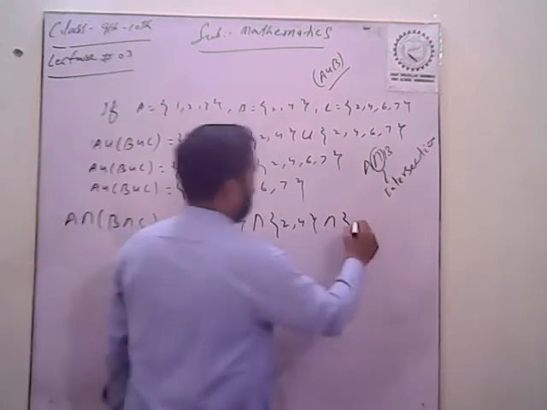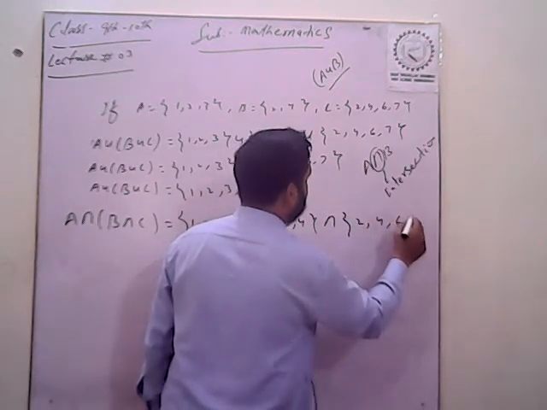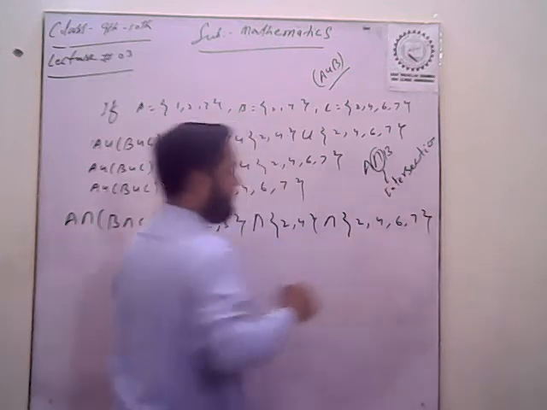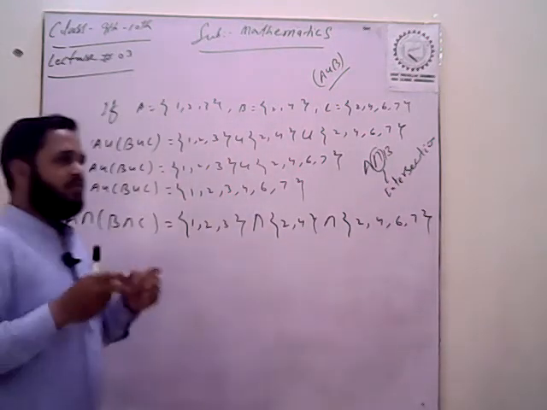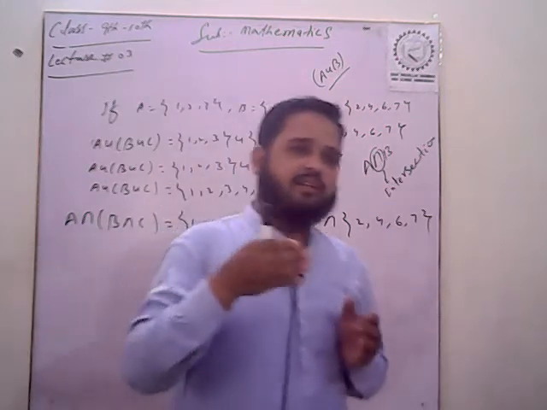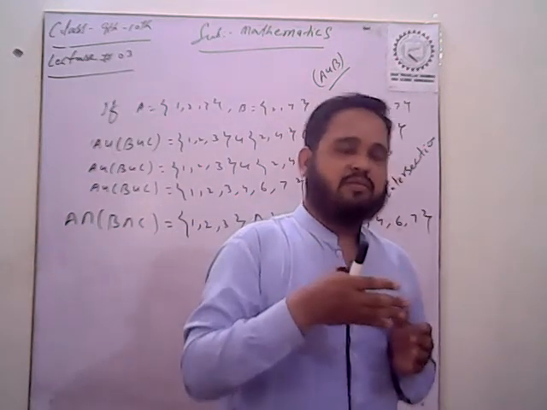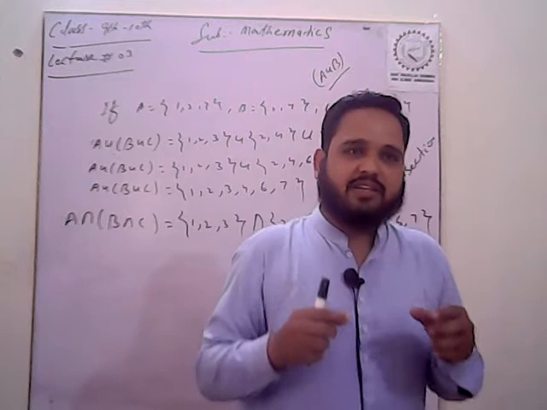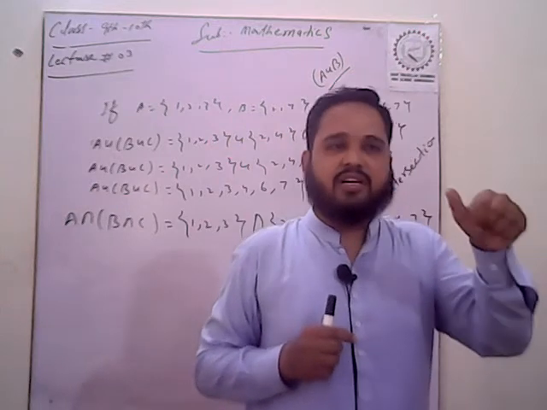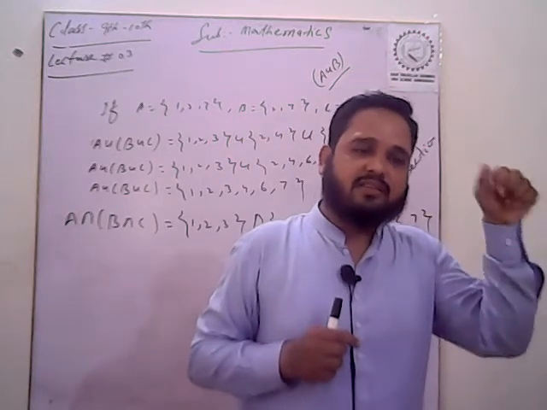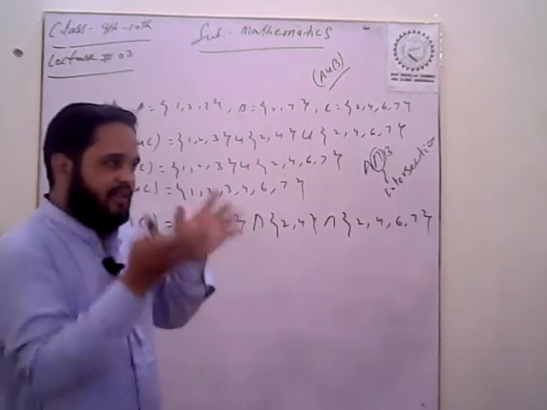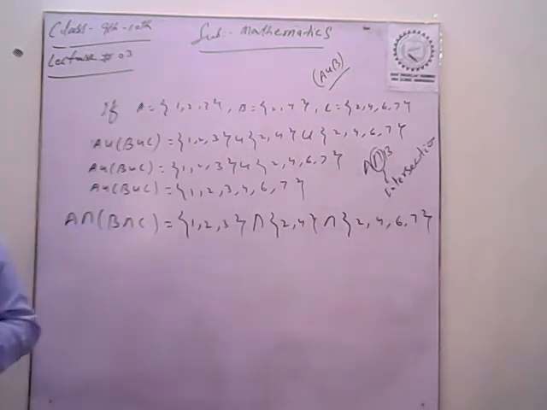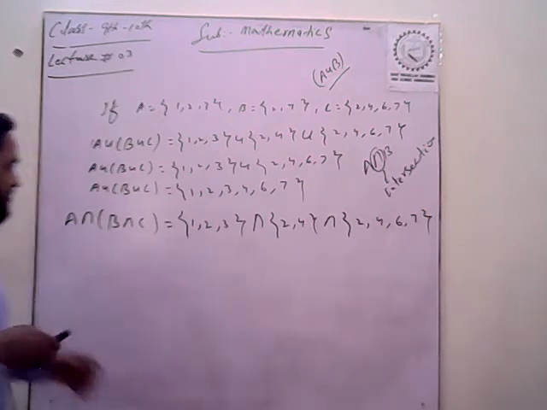C is equal to {2, 4, 6, 7}. As I told, union means elements in A or B or both, but intersection means the common elements of sets A, B and C. That pattern is called intersection of three sets or two sets.